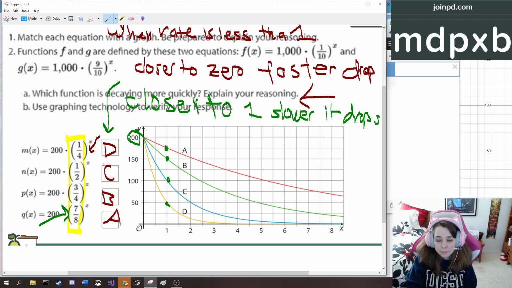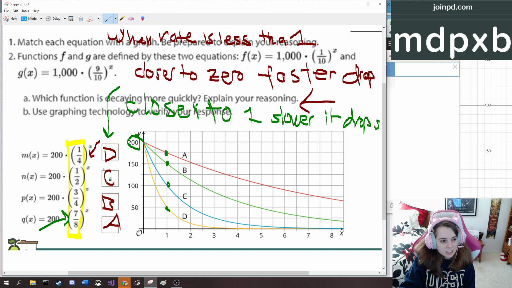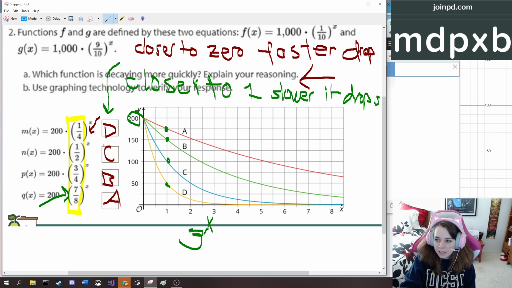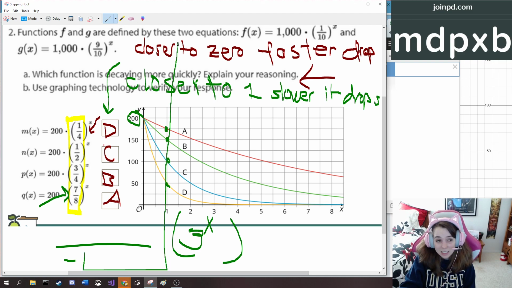And it's the opposite for the positives, right? However, we did see that even when we had a rate of change of 3 to the x, this one was the slowest to grow when it was in the negative section, right?